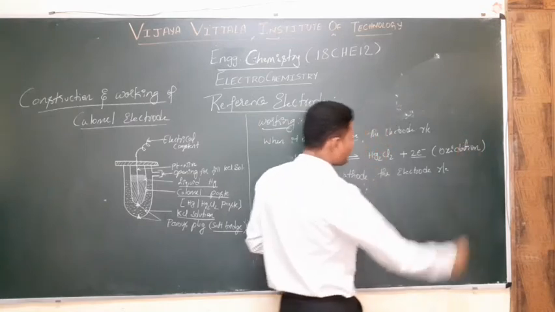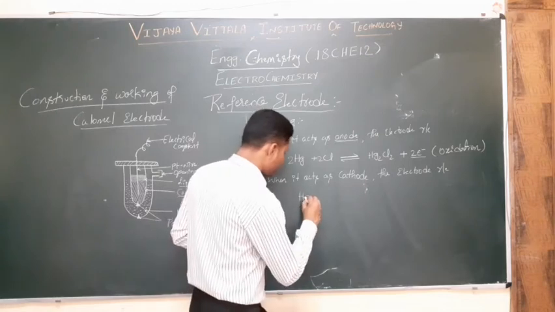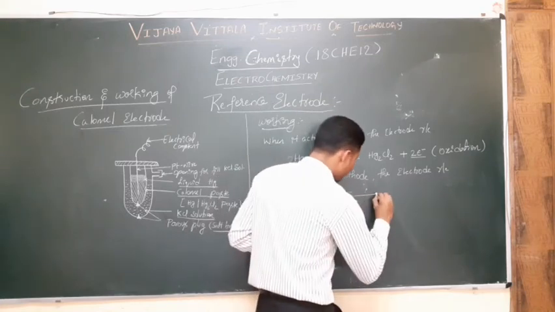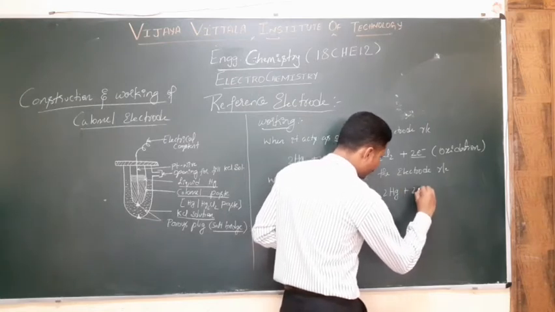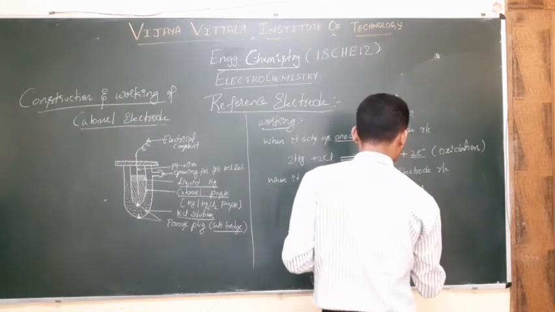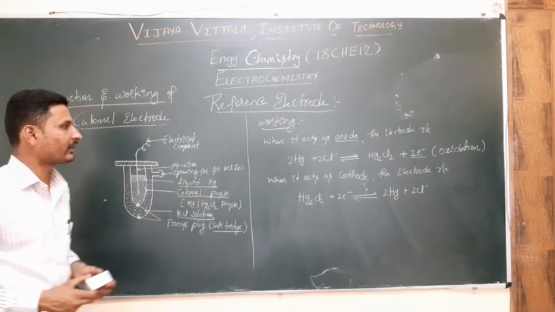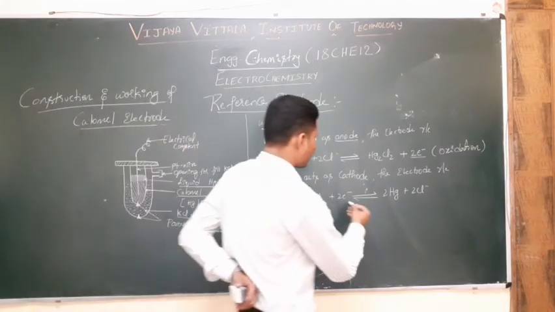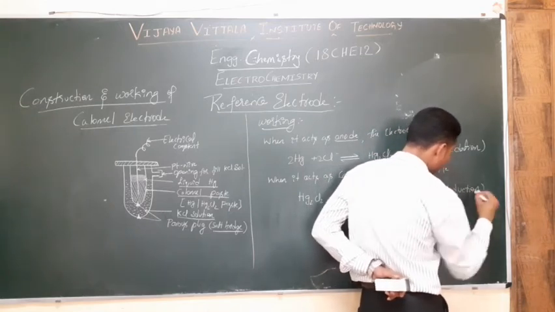The electrode reaction is the same here: Hg2Cl2 by gaining 2 electrons gives rise to 2Hg plus 2Cl minus. This is the reaction we'll get. Here gaining of electrons takes place, that is a reduction reaction.